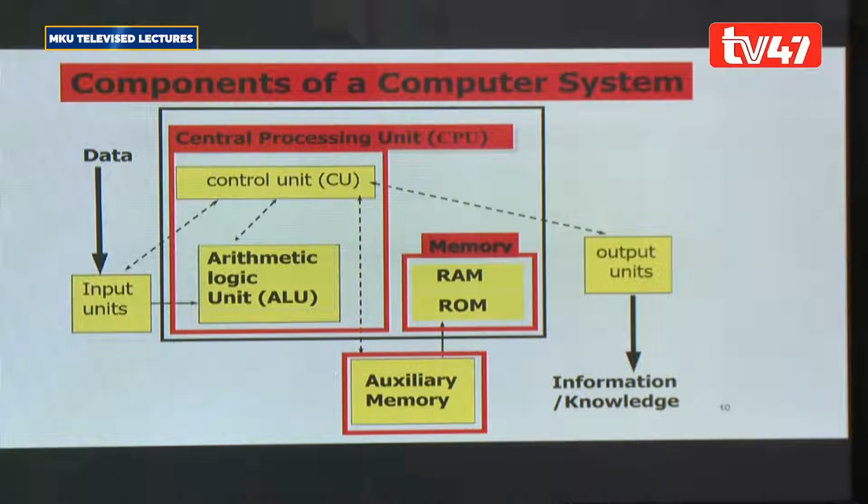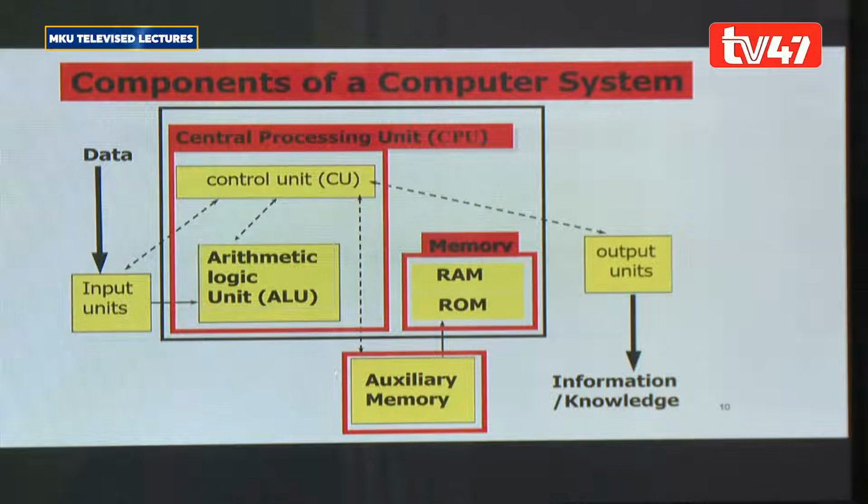Still on the central processing unit, we have the arithmetic logic unit. The work of the arithmetic logic unit is to process all the mathematical functions in a computer, including subtraction, addition, and matrices.